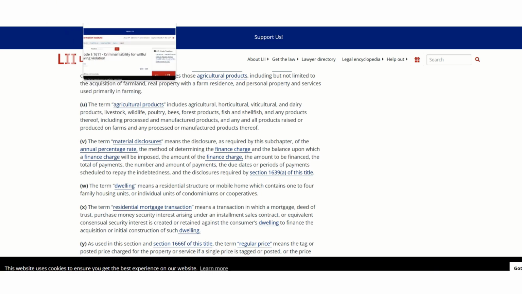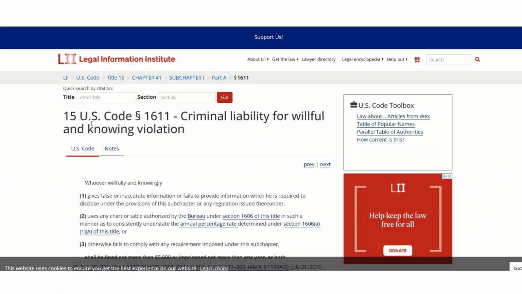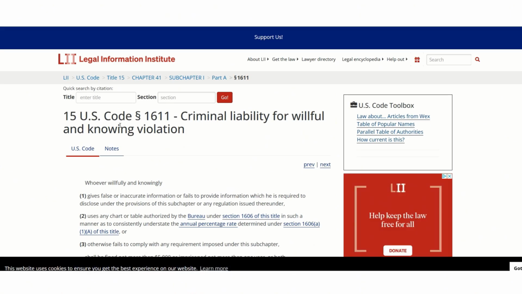Now, let's go to what it says right here. Title 15 U.S.C. Section 1611, criminal liability for willful and knowing violation.